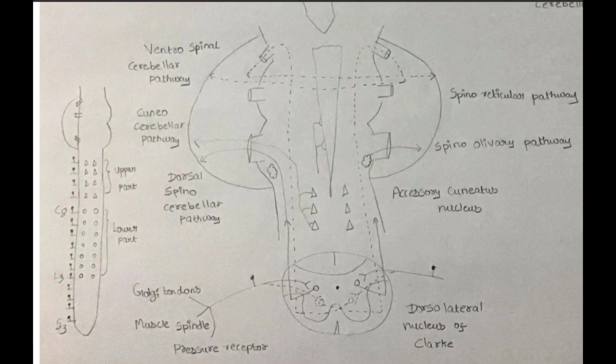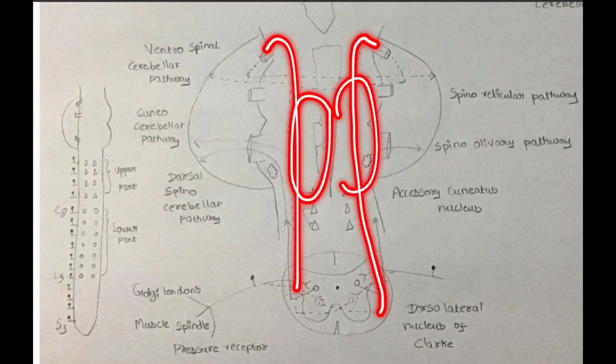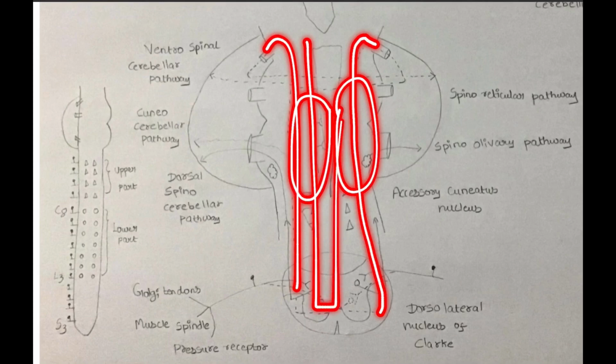And also see when these sensory nerve fibers go to the superior peduncle from both sides, there is also a collateral connection to the reticular formation. You see the reticular formation in the whole brainstem.